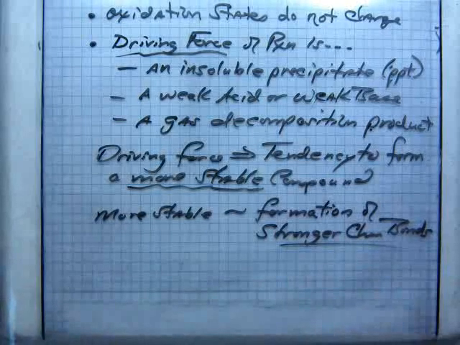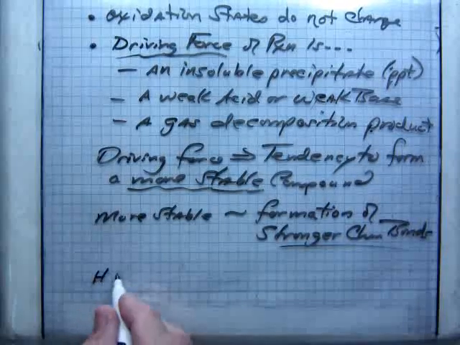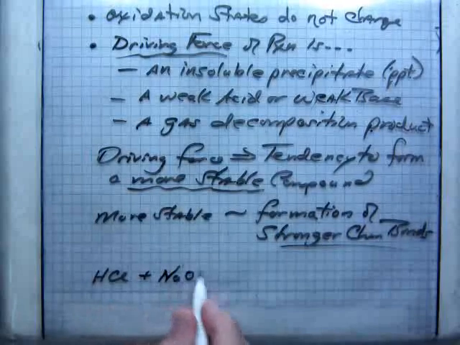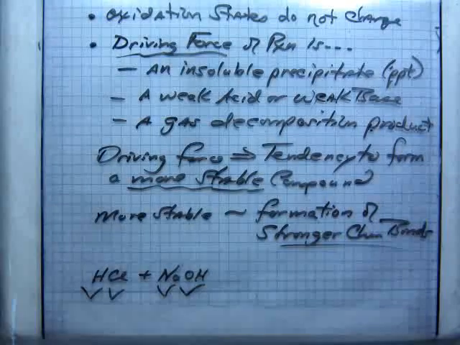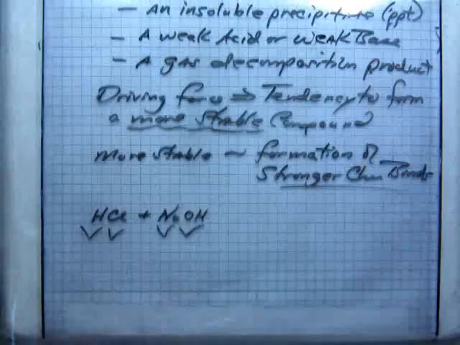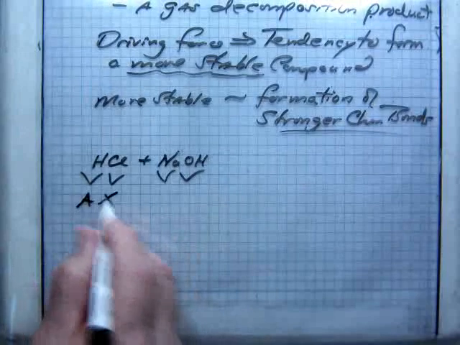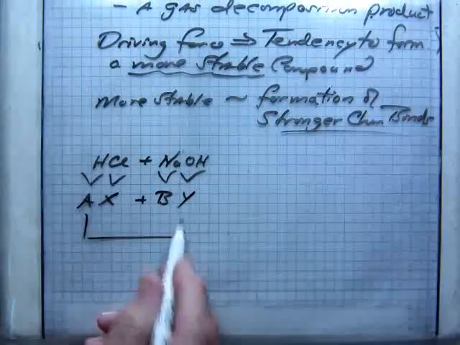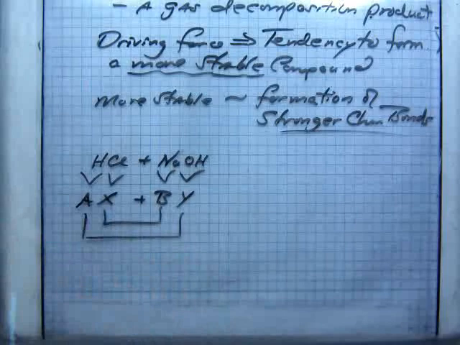In a typical double replacement, I'll just give you an example, HCl plus NaOH, we find the ions in this structure. This is the AX plus BY, and so we want to take the A and Y and hook them up as a product, and a BX and hook them up as a product.